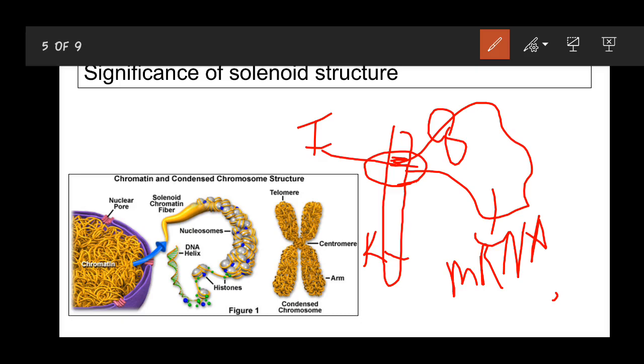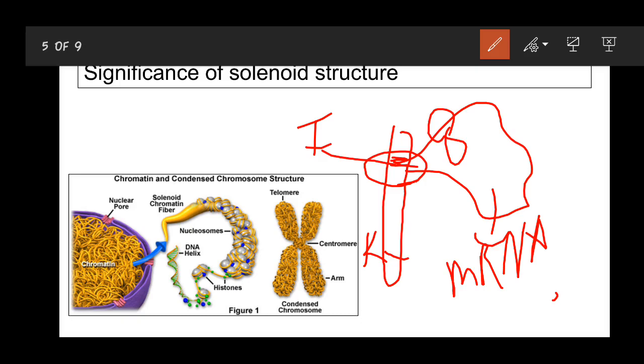even though they have genes for every protein inside our body. So every cell in our body has the genes. It is this differential gene expression that is mediated by the solenoidal structure. We have different structures at different parts of our body, or different proteins produced at different regions of our body.